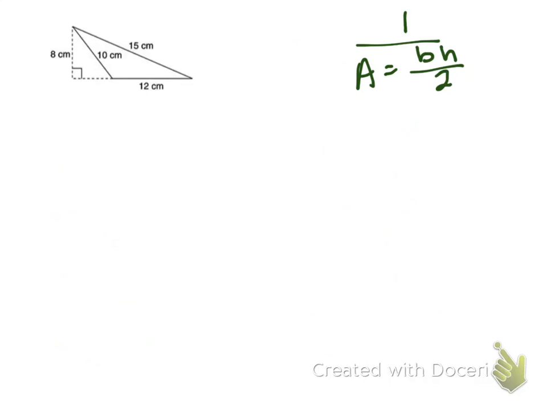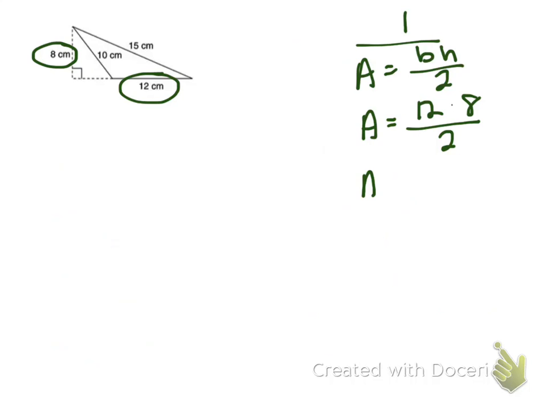Okay, so my base, if you recall, we're going to have that be perpendicular with the 90-degree angle. So 12 is going to be my base, and my height then is going to be times 8, and then I'm going to divide that by 2.